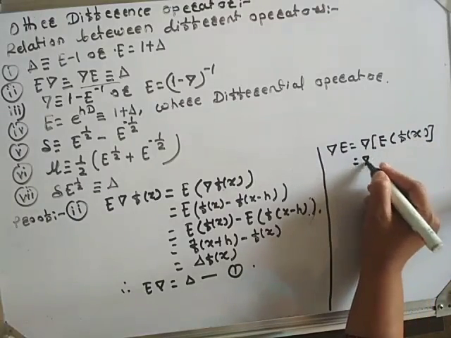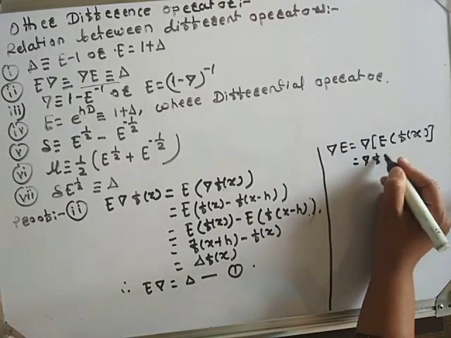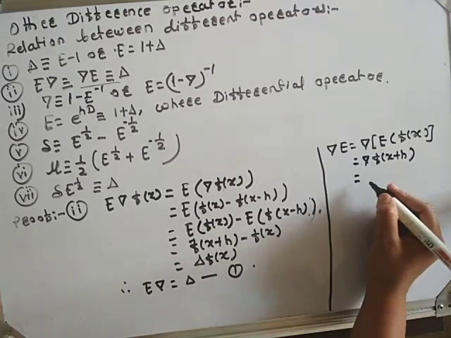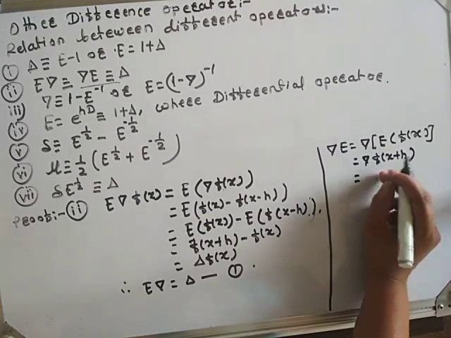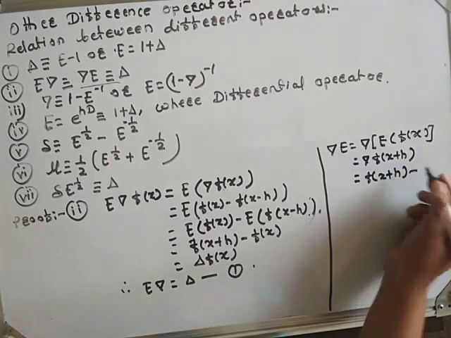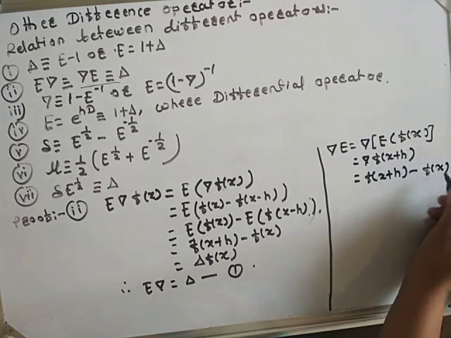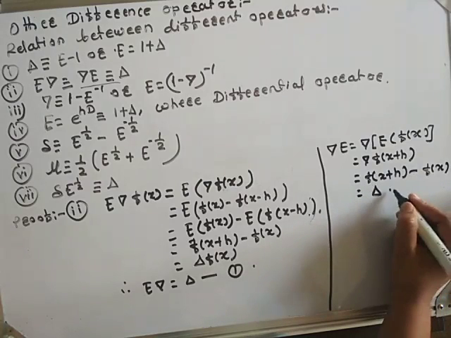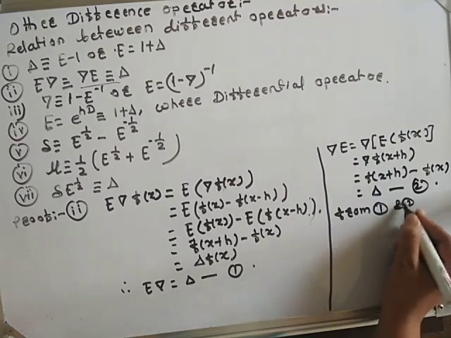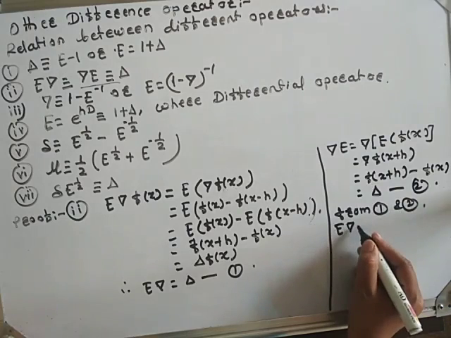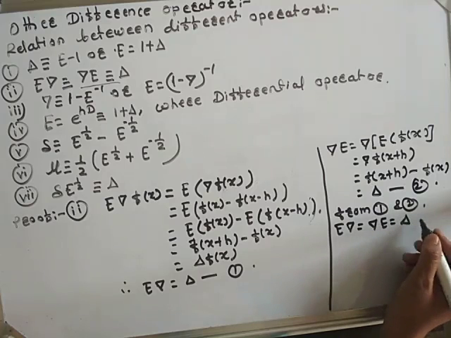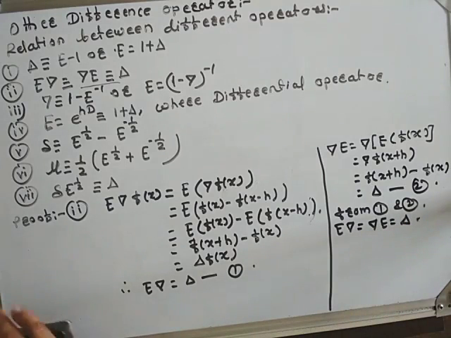Del of E of f of x is del of f of x plus h, which is f of x plus h minus f of x, which is nothing but delta. Call this equation number 2. From 1 and 2, we get E of del is equal to del of E is equal to delta. Hence, relation number 2 is proved.